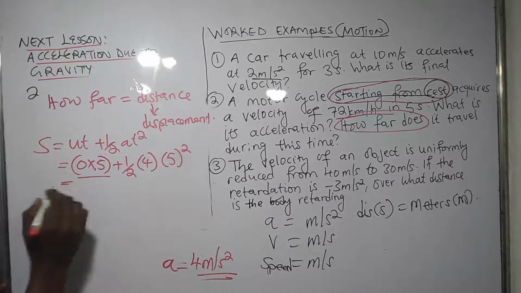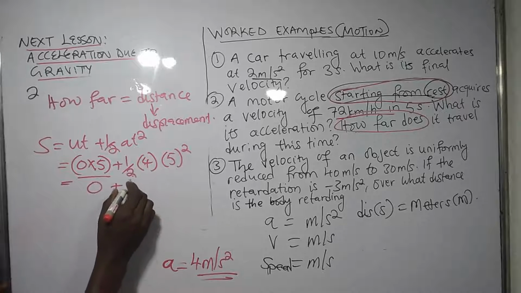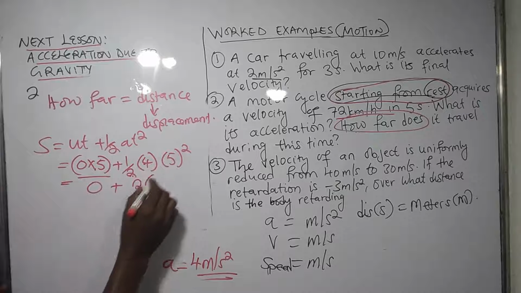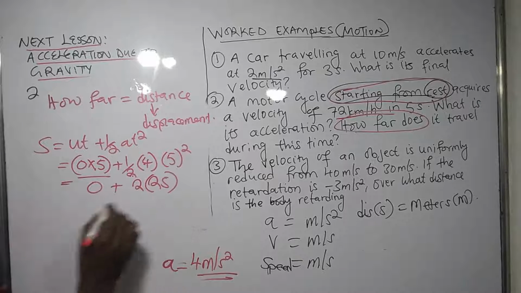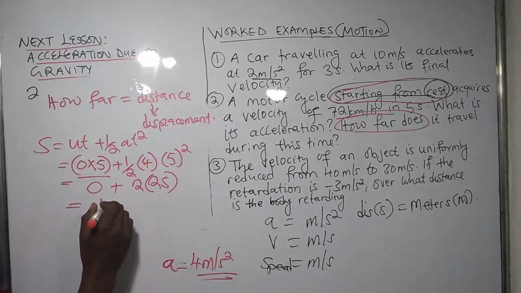So this will give me 0 plus, 2 into 4, it is just 2. Then 5 squared is 25. Then this is going to be 50 meters.